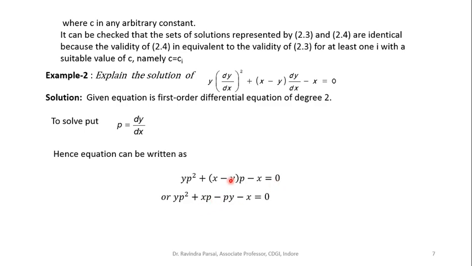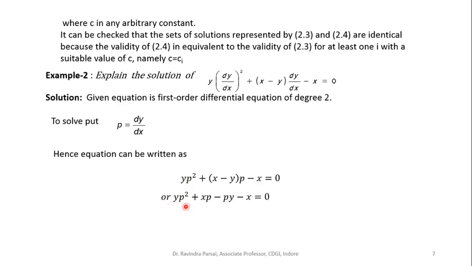Now our objective is to factorize this. If it is easily possible to factorize or resolve into linear factors in terms of p, then this type of question is solved by this method number 1. Otherwise we have other options also, which I will discuss in the next lecture.